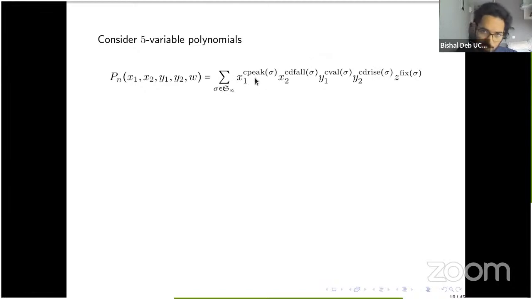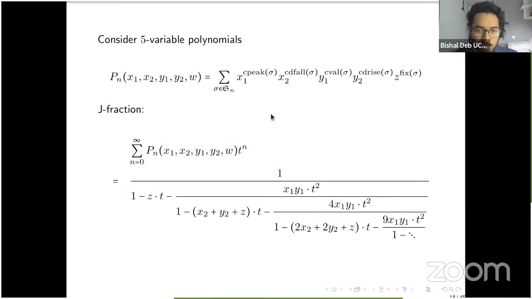So x1 counts the number of cycle peaks, x2 counts the number of cycle double falls, y1 counts the number of cycle valleys, y2 counts the number of cycle double rises, z counts the number of fixed points. And you compute this. Your computer should be able to compute the first 10 or 12 in a reasonable amount of time, maybe the first 10.